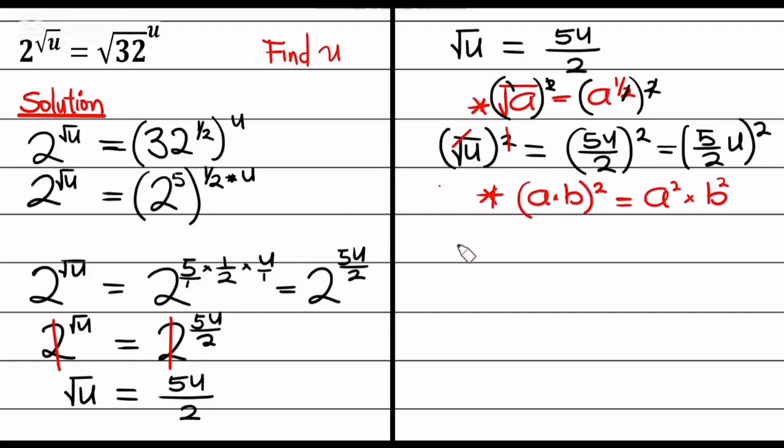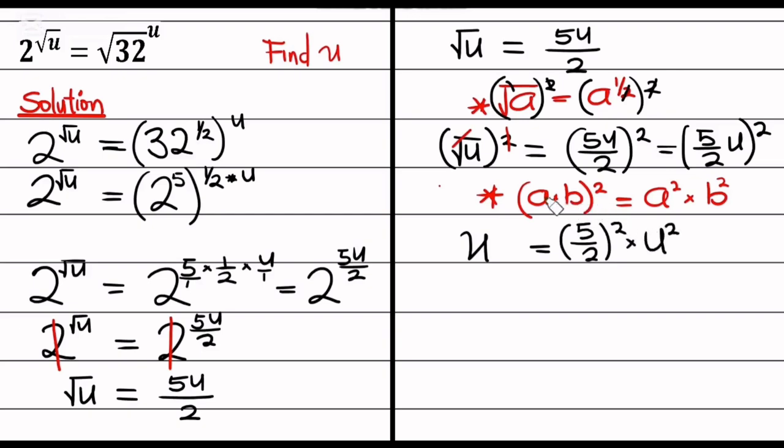Therefore, my equation will become: I only have u here, that is what is left. And if I apply this rule to the right-hand side, I'm going to have 5 over 2, all squared, multiplied by u squared.